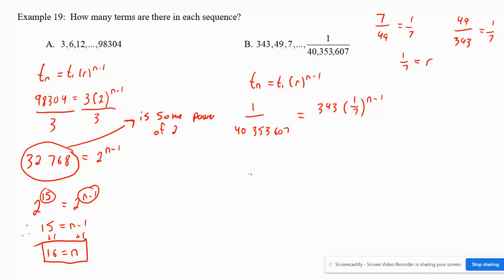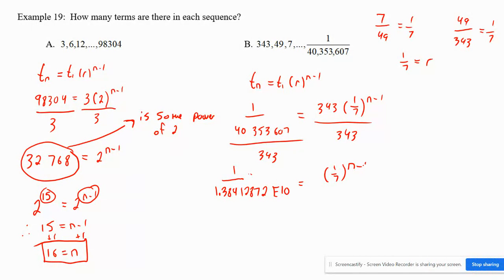All right, so the next step will be pretty gross, but I'm going to divide both sides by 343, like this. Because when I do this, I get this answer over here, which is disgusting.